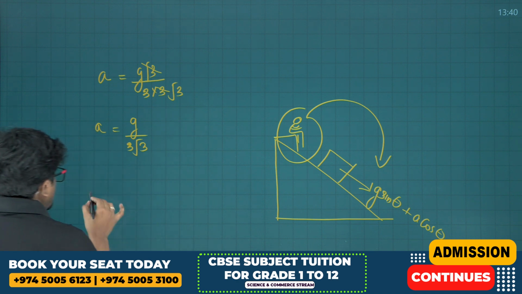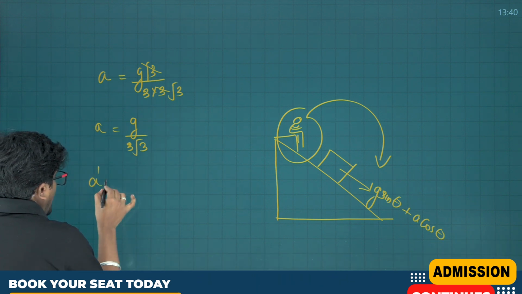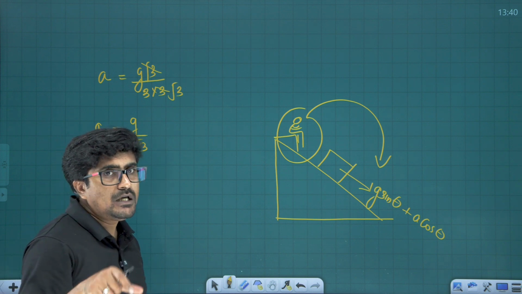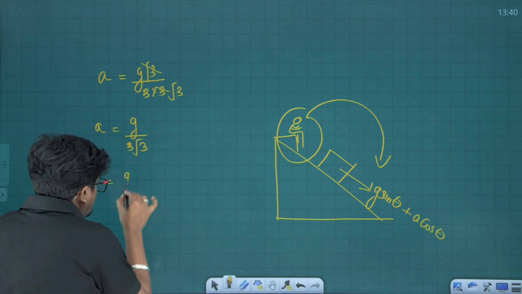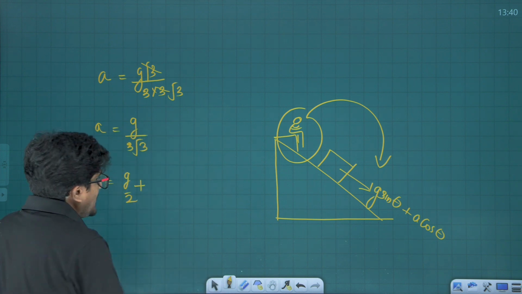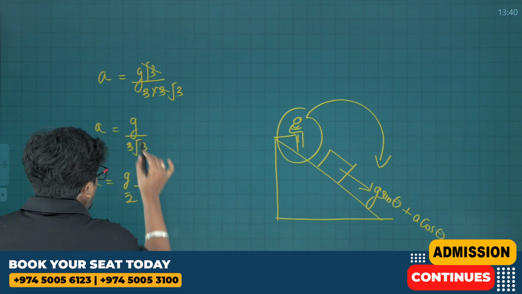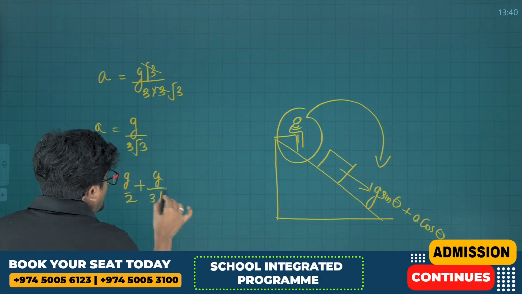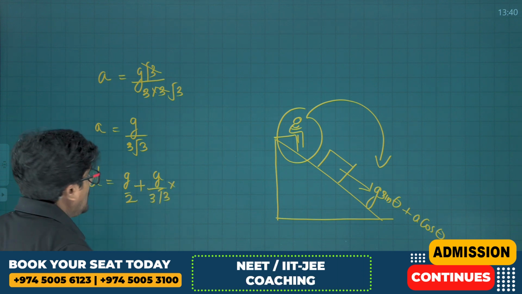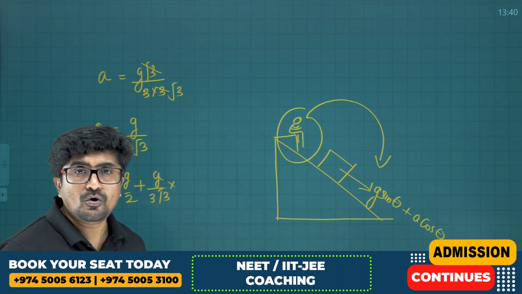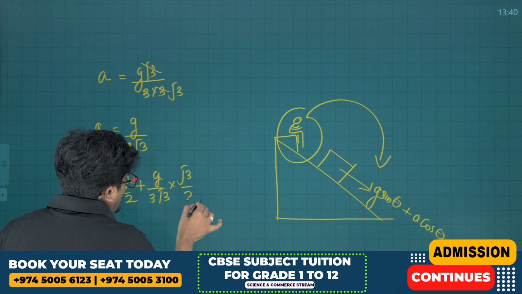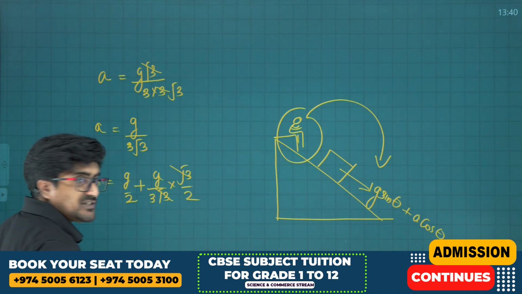Which means that acceleration a bar is going to be g sin theta. G sin theta is g by 2 plus acceleration a, we got it as g upon 3 root 3, into cos 30, which is root 3 by 2. Root 3 and root 3 will cancel each other.